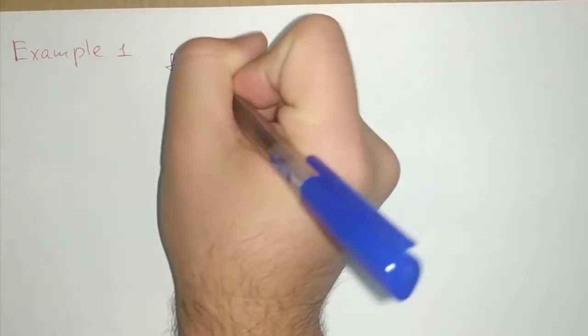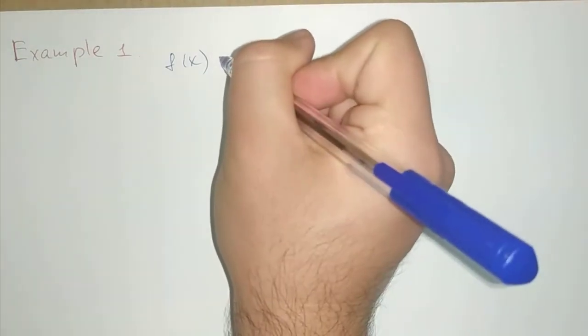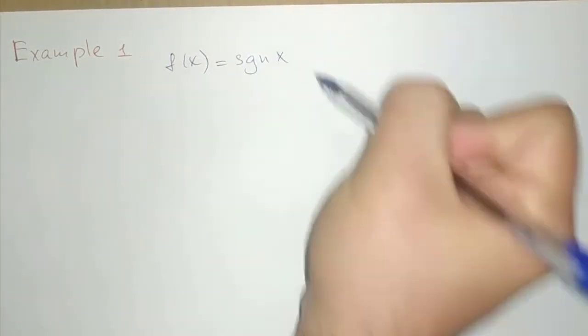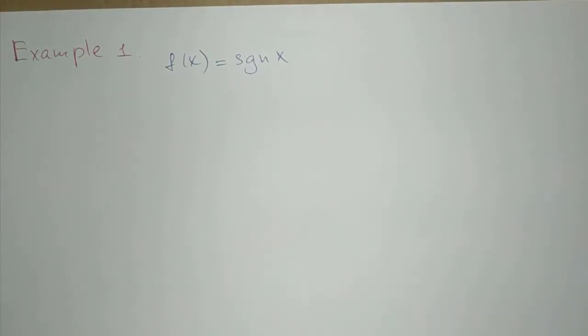Example number 1. Find the points of discontinuity and determine their kind for the following functions. For example, the first function is f(x) equals signum x. How do we define the function signum x?